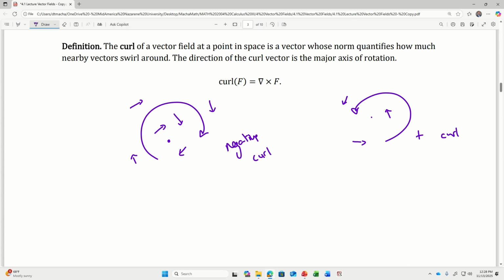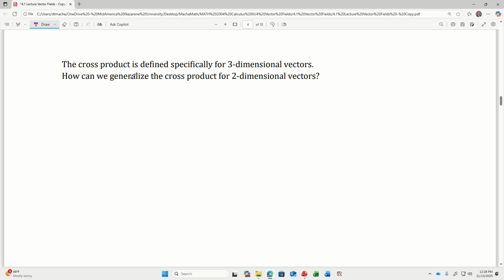The vector that you calculate when you do the curl is going to be pointing in the direction of the axis of rotation, right? In 3D space, things have to rotate about an axis like this. And so the curl vector is going to point in that direction, to where if you were looking down the vector, you see it counterclockwise. So divergence is a scalar, curl is a vector.